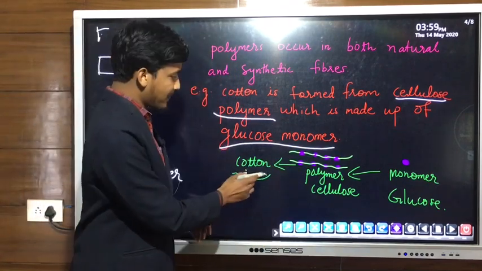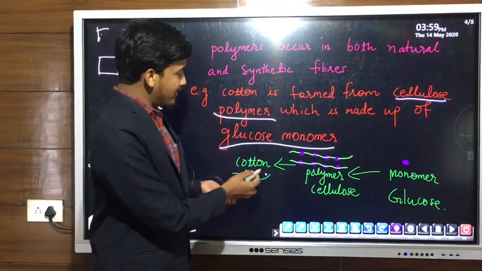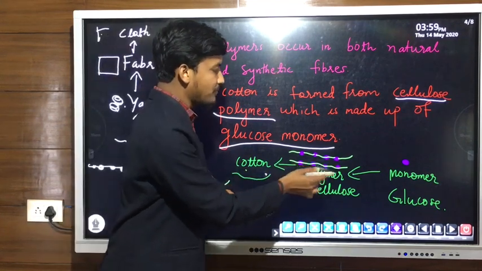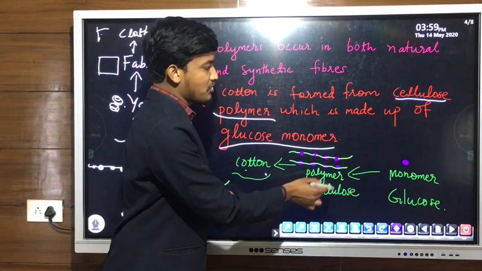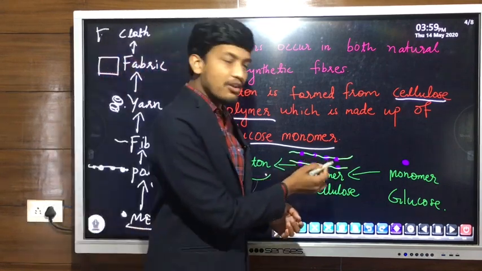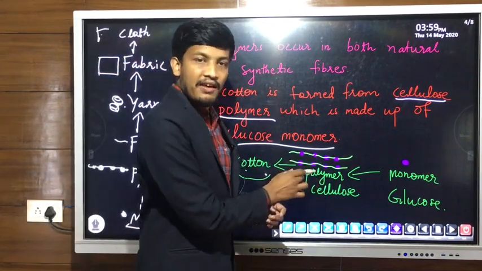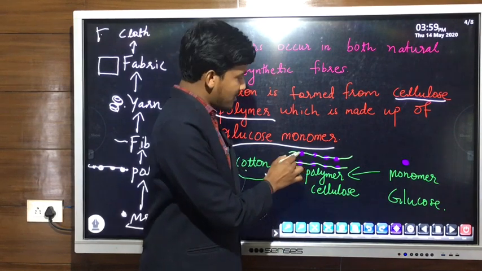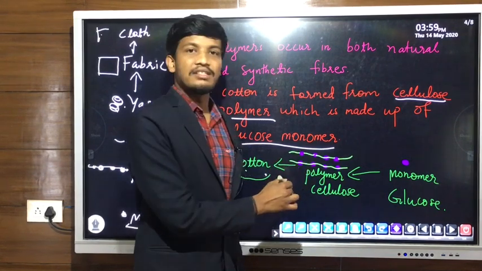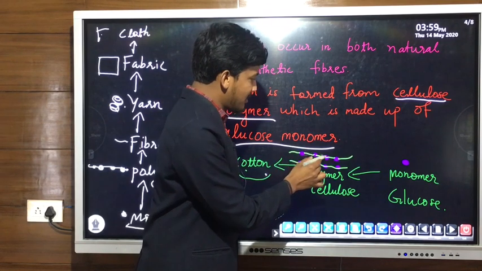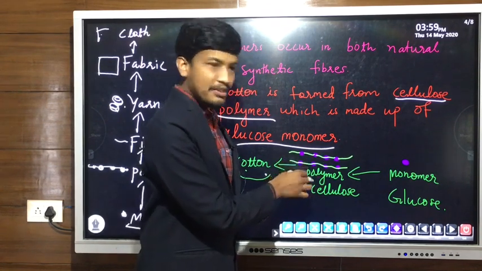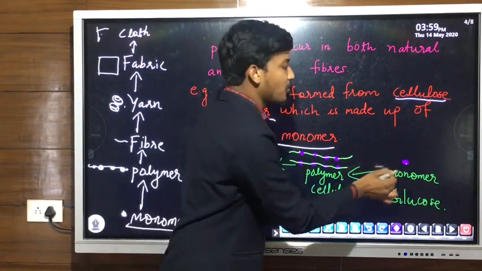We have cotton fiber, and this cotton fiber is made up of which polymers? Cellulose polymers. And in cellulose polymer, which is the monomer, the unit of the polymer? That is glucose. So this violet color dot is the monomer, which is glucose.